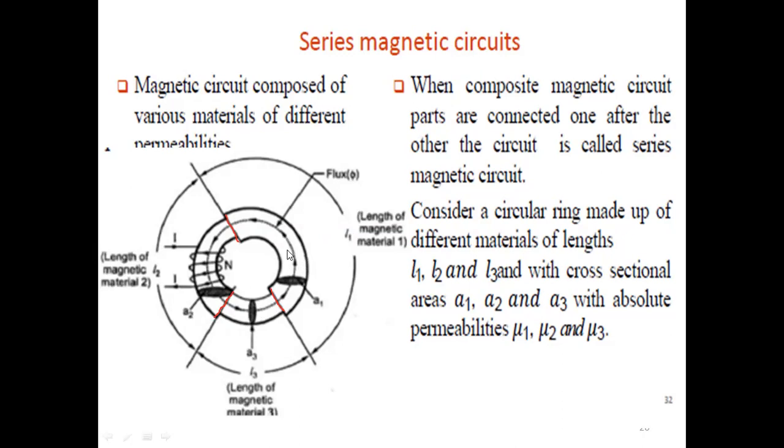MMF of the first material is MMF1, of the second is MMF2, and of the third is MMF3. So total MMF equals MMF1 plus MMF2 plus MMF3. This is one method of calculating MMF. You can use Ni, or you can use HL.